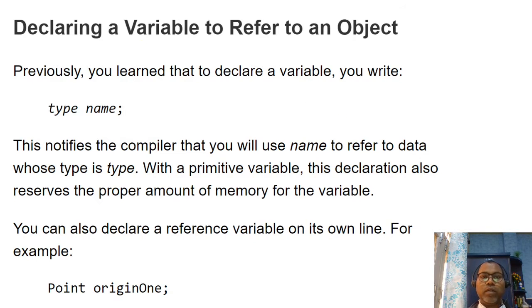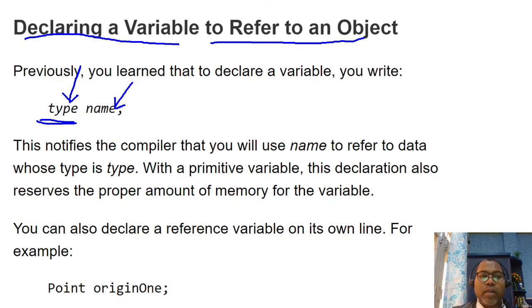Let's look at declaring a variable to refer to an object. Generally, what we do is write a variable name that refers to an object, and here we define your object type. Similarly to primitive data types like int, float, double, when creating a reference variable, the variable that refers to an object also specifies the type.